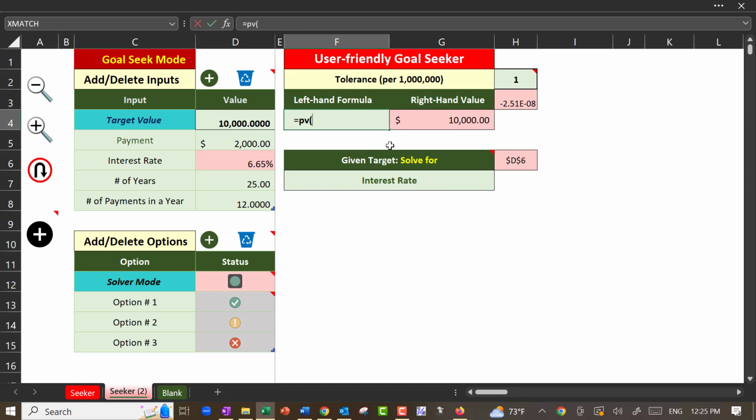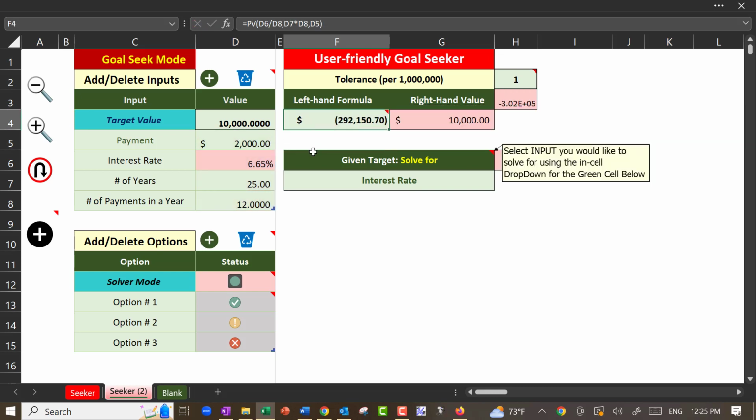The second one is number of periods, number of years times number of payments in a year. The third one is payment. The fourth one is if there is a starting or final value. In this case we don't have it, so I'm just going to leave it blank. Unfortunately, Excel does debit credit stuff, so it puts a minus into that.